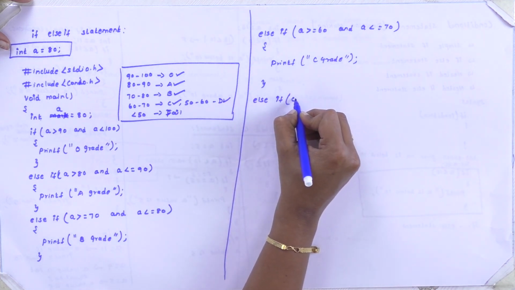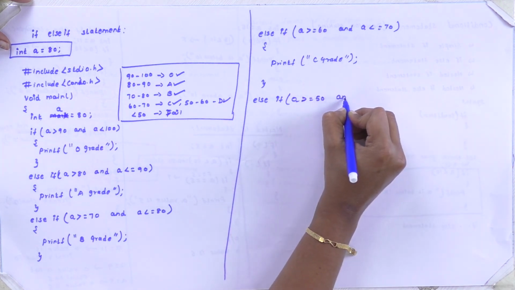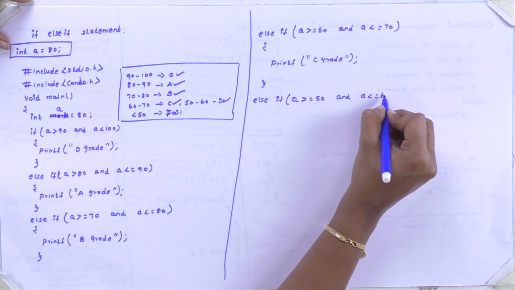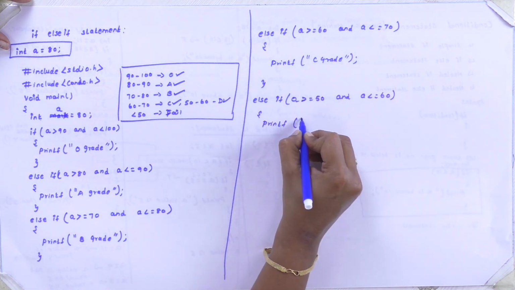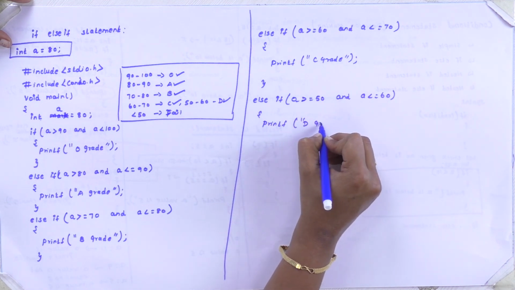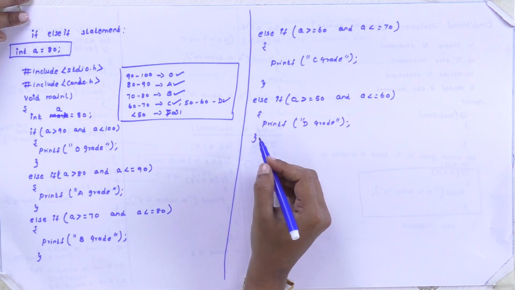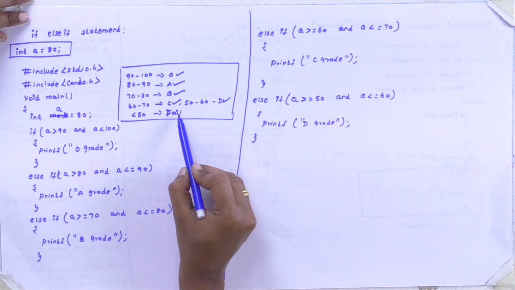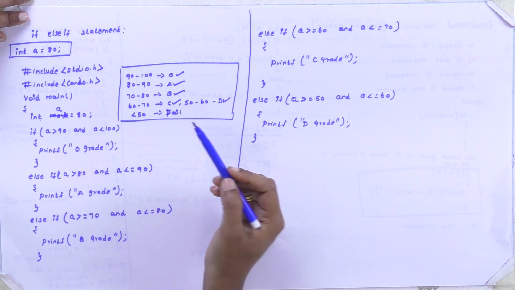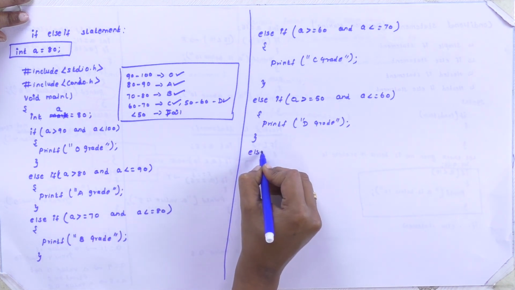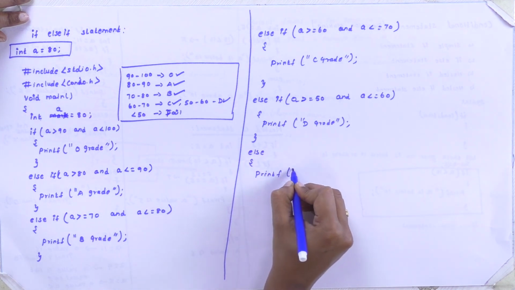So A is greater than or equal to 50 and A is less than or equal to 60. It will print D grade. Last, here I don't need an if condition, so I am going to directly write else. Else he will be marked as fail.